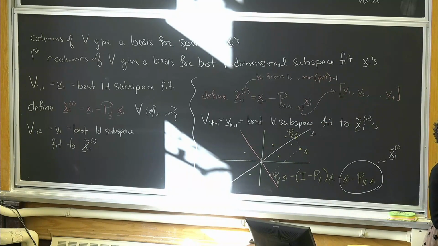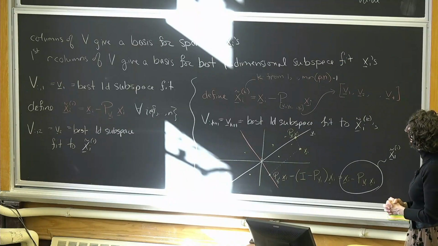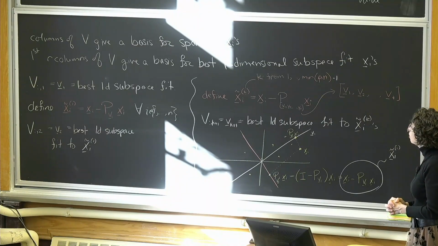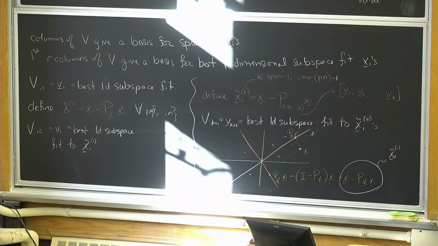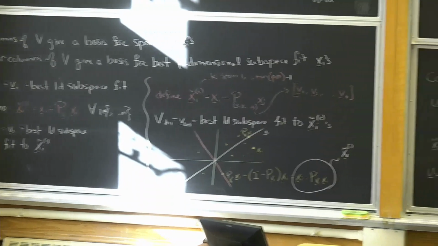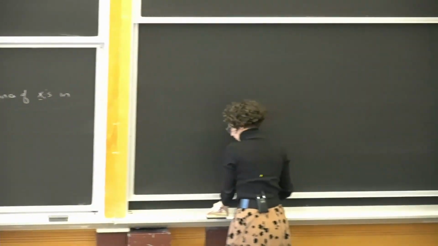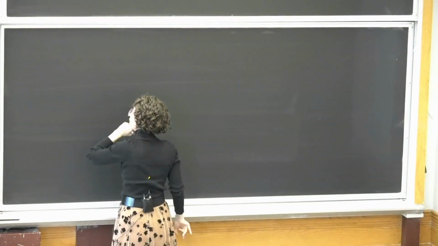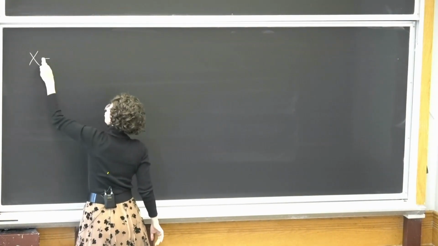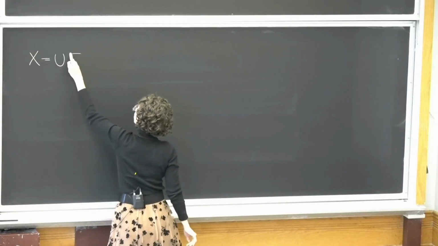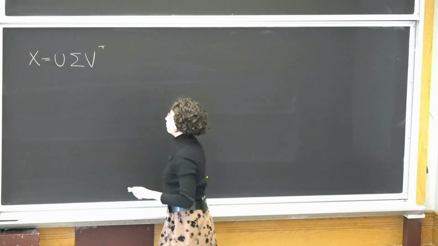Yes? I was looking at the notation in the book, and it says something about the first r columns being our definition of a subspace. Okay, so the way I wrote it on the board is right, but let me elaborate a little bit. Let's think about this in terms of bases. Again, we are writing X is U sigma V transpose.